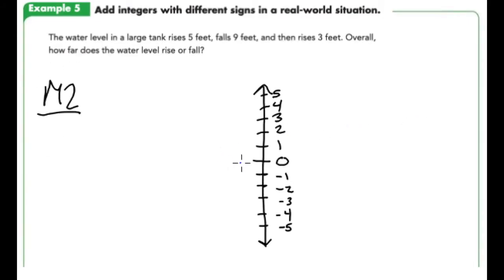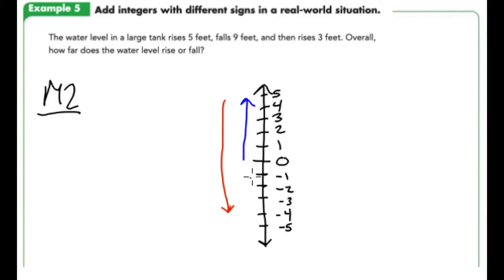So the first thing that the water level did was it rose 5 feet. So it went up 5 feet. The next move, from 5 feet, it went down 9 feet. So we could count out 9. 1, 2, 3, 4, 5, 6, 7, 8, 9 is going to put us to that negative 4. And then from negative 4, it went up 3 feet.